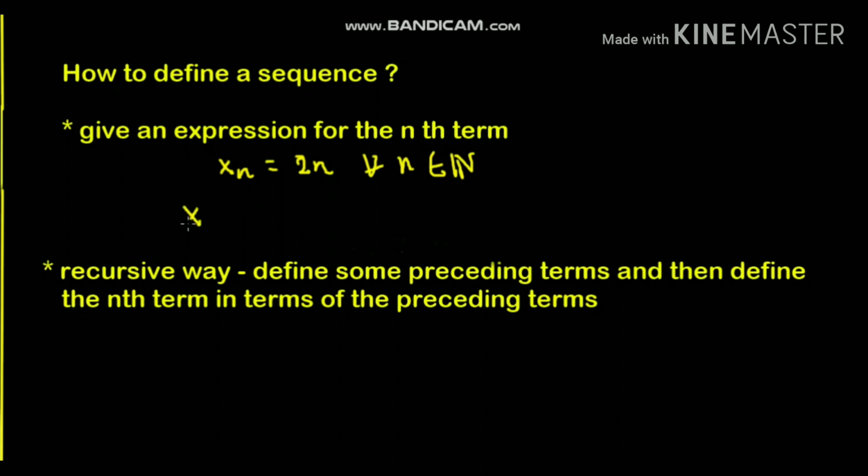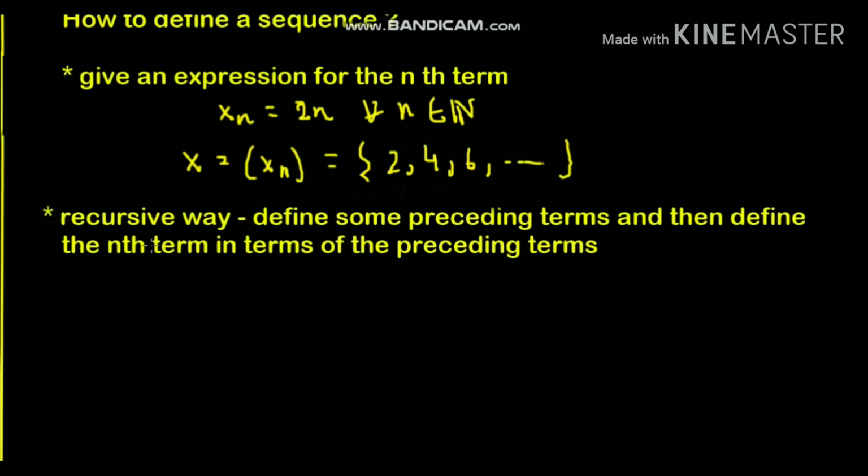So if I write x is equal to the sequence x of n, remembering the shorthand for writing sequences, it will contain 2, then 4, then 6. It is a set of even numbers, so it goes on to infinity. And then the recursive way. What is the recursive way? In the recursive way, we define some preceding terms and then define the nth term in terms of the preceding terms.